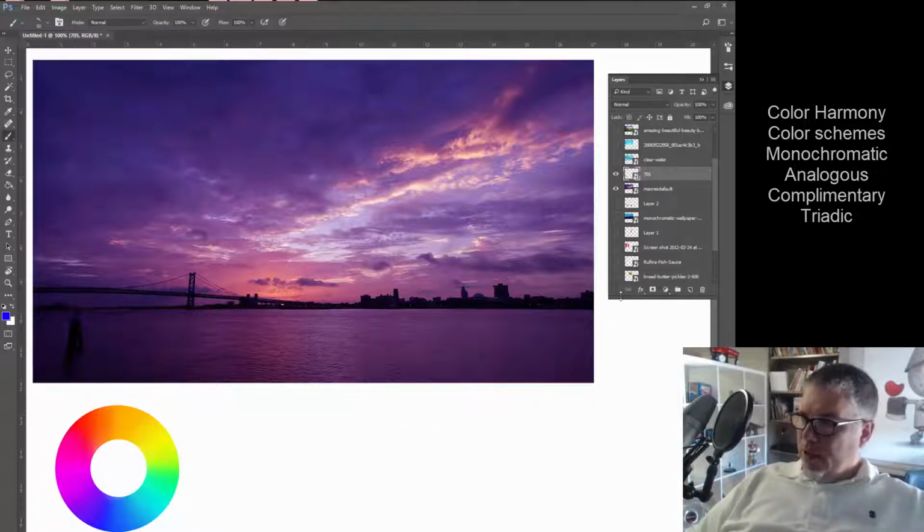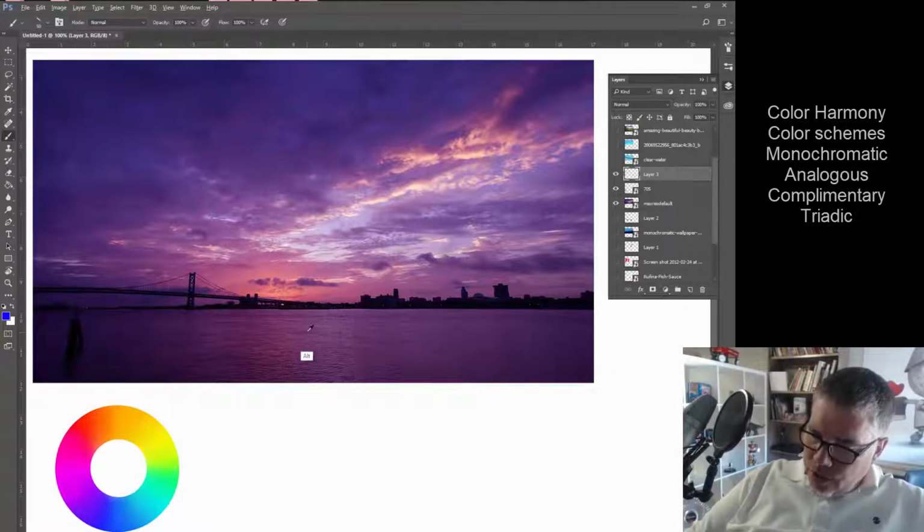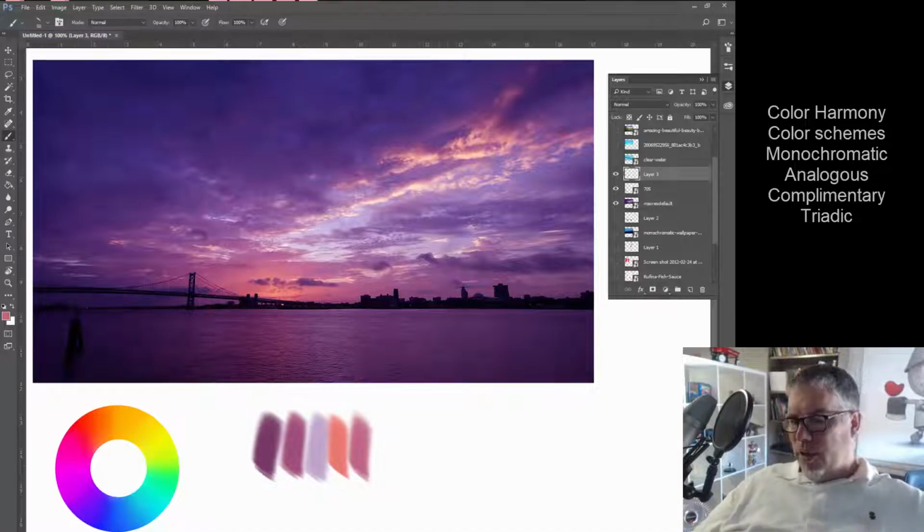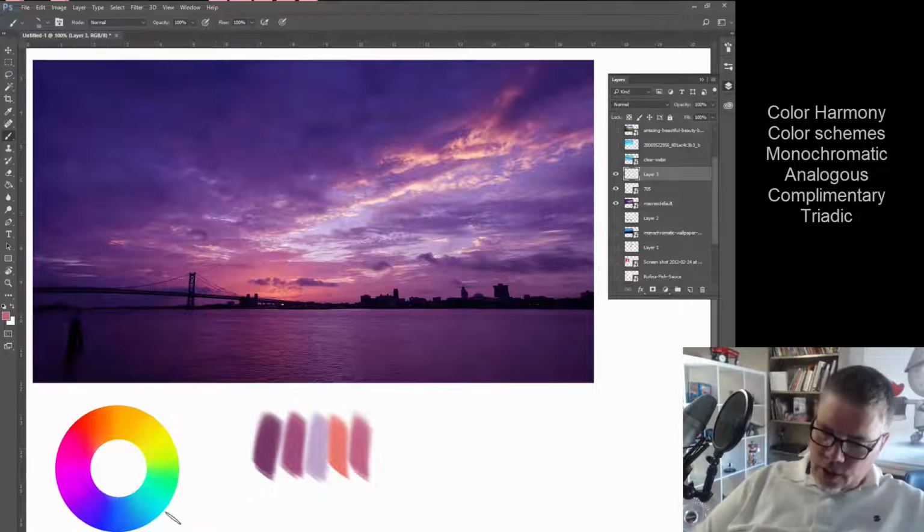And again, this photo isn't a perfect representation of an analogous color scheme, but it's pretty dang close though, and so that's why I say it's really good to go with the major part of that color scheme. We'll grab some of this down in here, and this is why it ventures off, because it gets a little warm down in these areas, but for the most part you're dealing with two places on the color wheel.